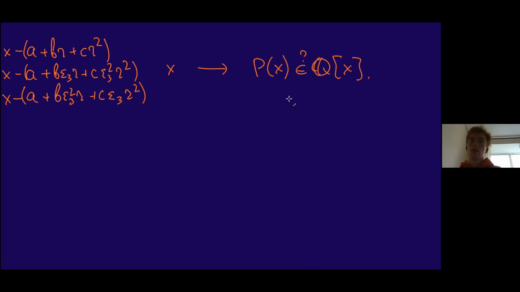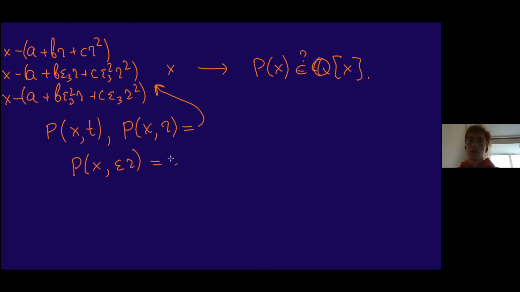We may notice that if we consider a polynomial of two variables, P of x and t, where P of x and r is equal to this product, then we may notice that P of x and epsilon r is also equal to P of x and r.